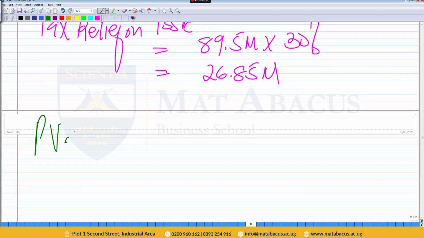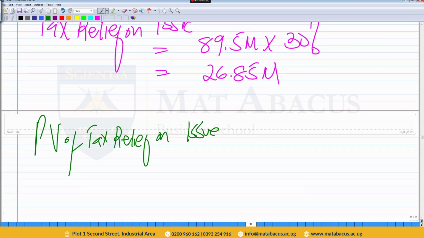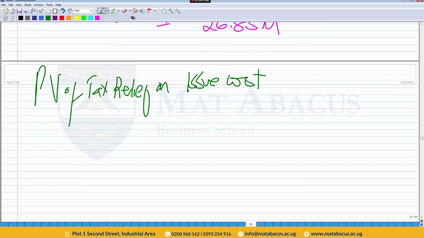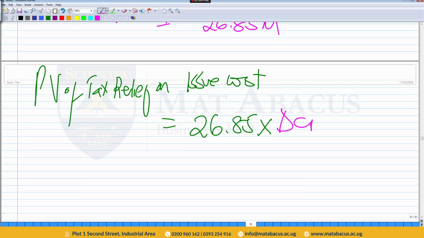When I do that, I should be able to get the present value of tax relief on issue costs. We are in DBL loan, and therefore that present value will be 26. This relief will be gotten in year 1 because the tax is paid in arrears.